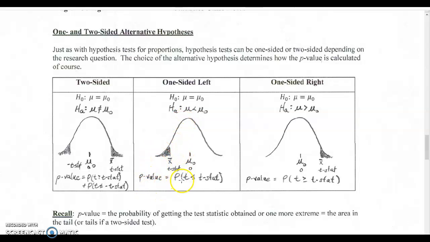So that's the probability that t is less than or equal to the t stat that we get. And if I have a one-sided right, where I'm trying to test alternatively that the population mean is greater than what we knew from the past, then the p-value is just the area in that tail. And again, these are all from the t-distribution technically, which is not the normal, but looks very similar to the normal.